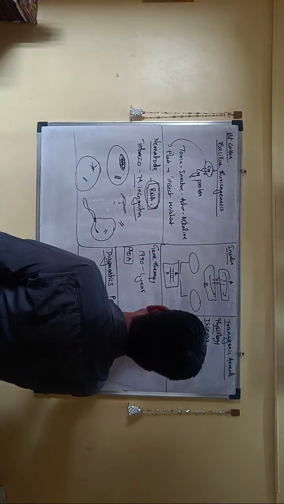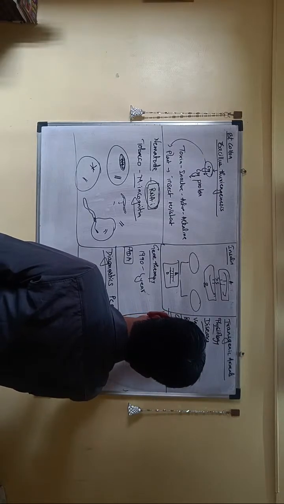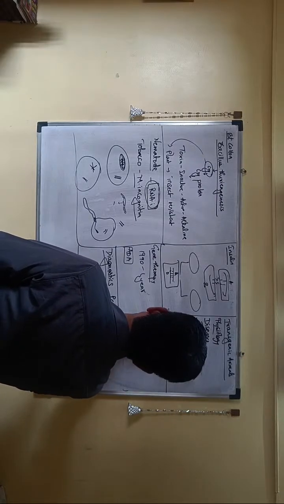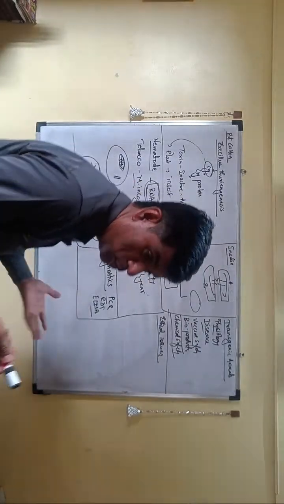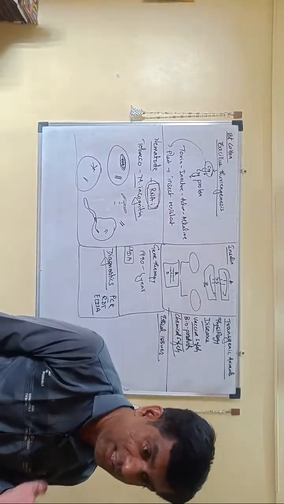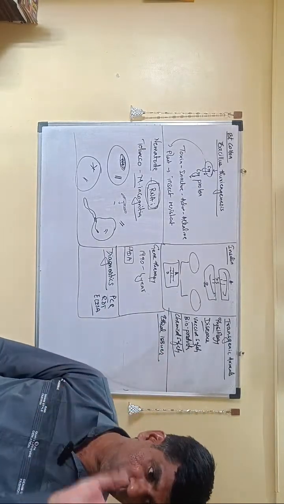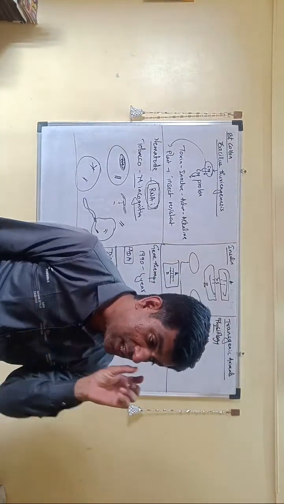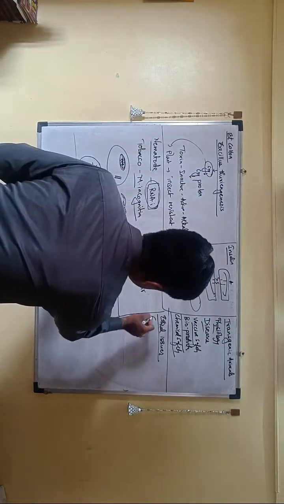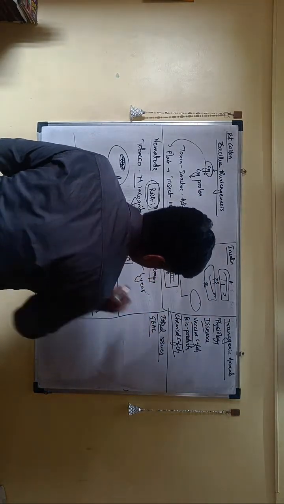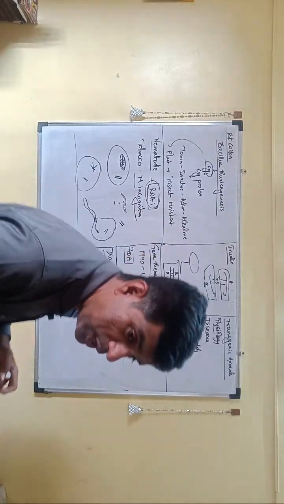Biotechnology also deals with various ethical issues, you see. It is not only about doing what you want to do. You also need to decide the ethics, what is right and what is wrong. In India we have an agency called GEAC, the Genetic Engineering Approval Committee.